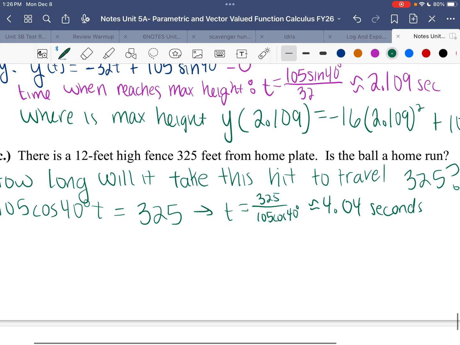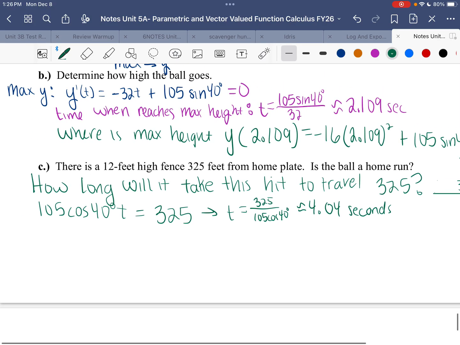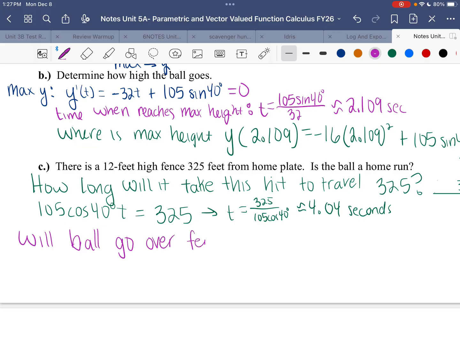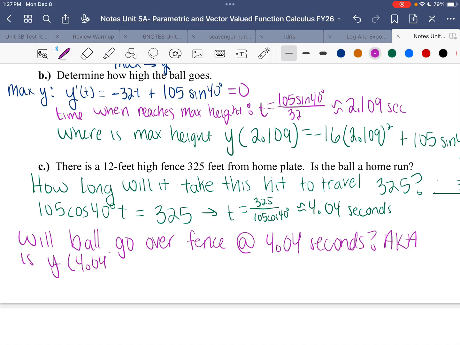And so if it's taking 4.04 seconds, then will the ball go over the fence? Aka, is y at 4.04 greater than 12 feet?